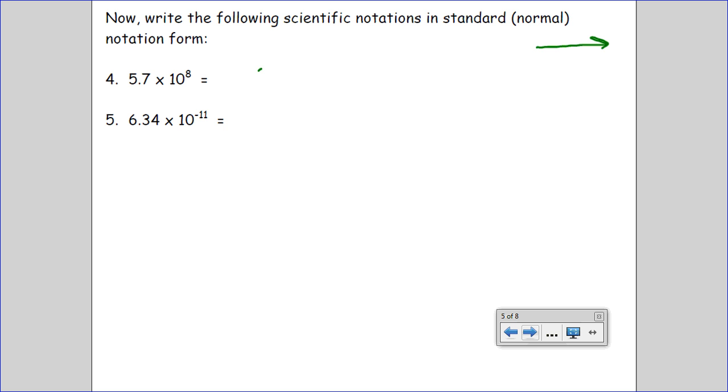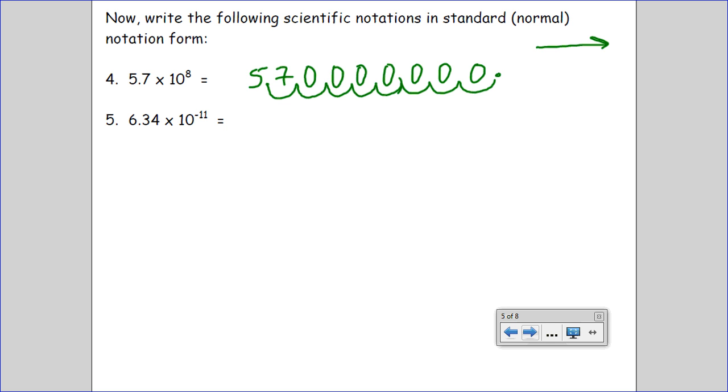So we start with 5.7, and we got to move the decimal place to the right 8 places. So 1, 2, 3, 4, 5, 6, 7, 8. Put it in. And then we fill everything else in between with zeros. And so this is 570 million. 5.7 times 10 to the 8th is 570 million.